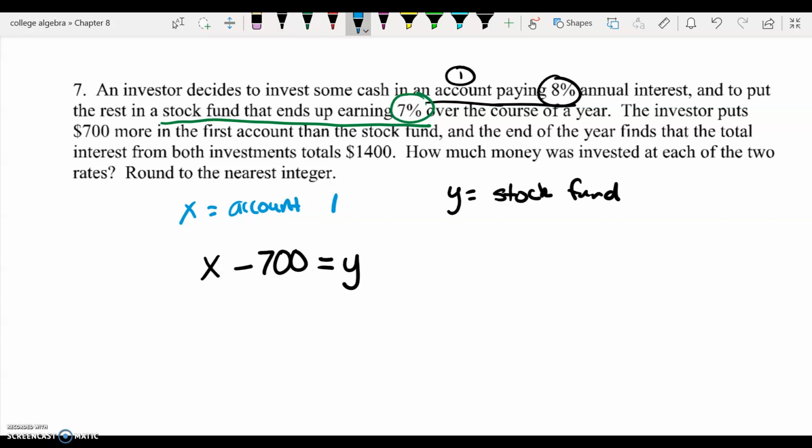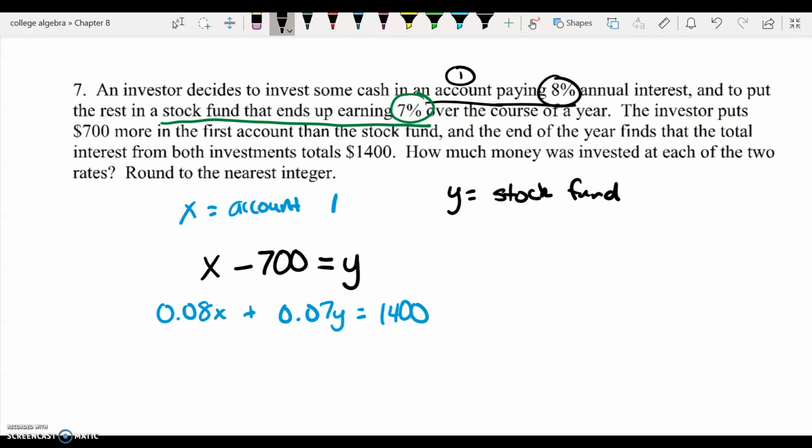So that's one equation. Now it says the total interest from both of them, whenever you add them together, is going to be $1,400. So I'm going to take my interest rate, make it a decimal, and set it equal to the total amount.